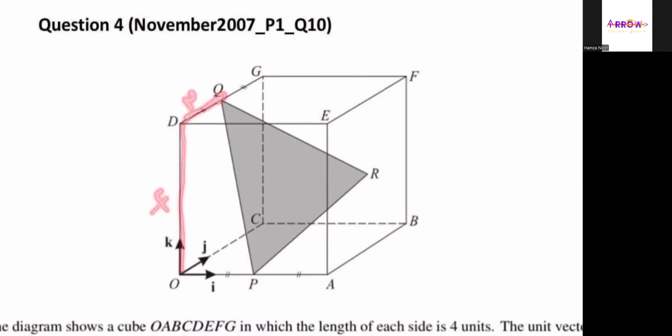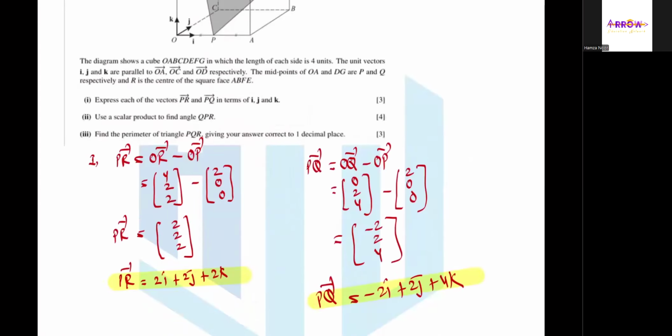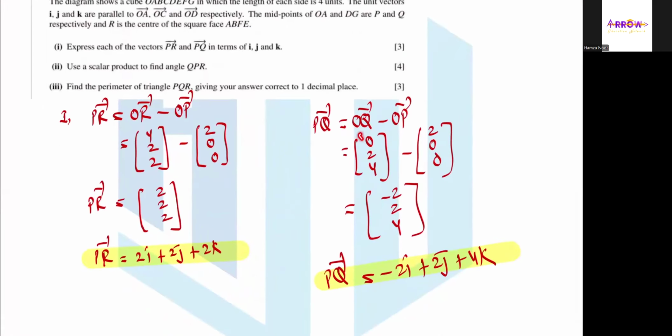And in the I path, you are not traveling anywhere. You are just traveling in the K path and J path. So the I component is 0 when you are considering the OQ vector, the J component is 2, and the K component is 4.